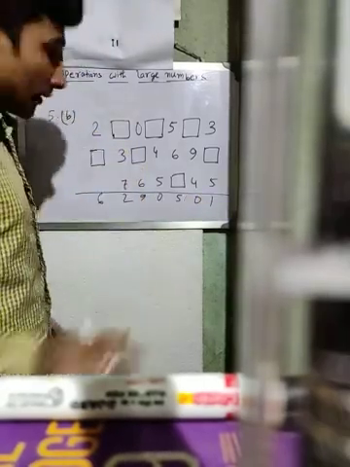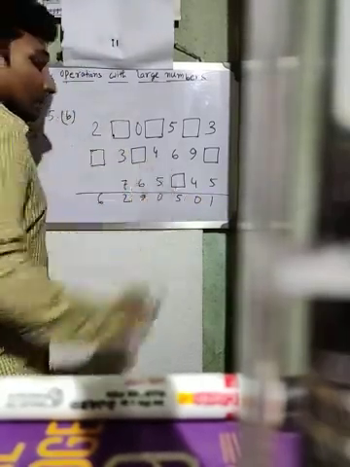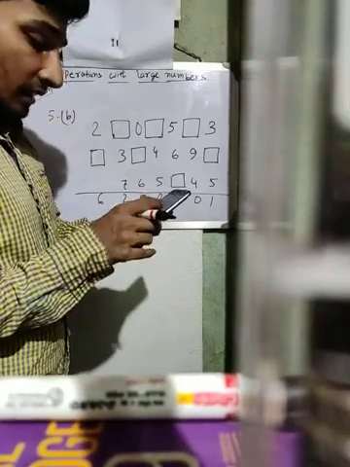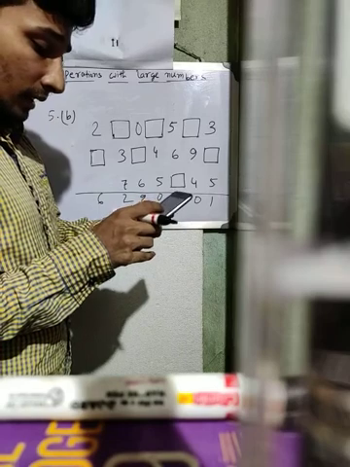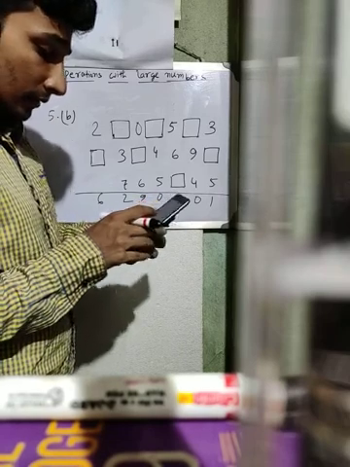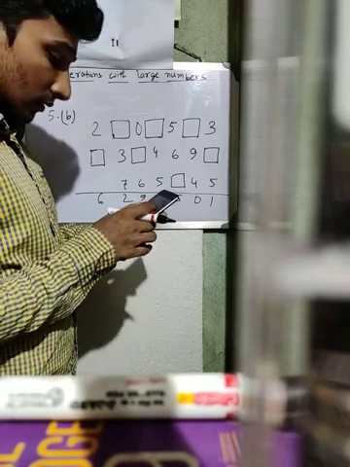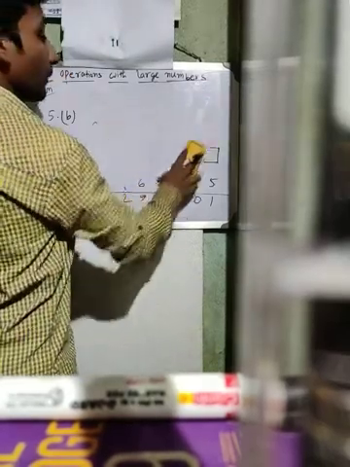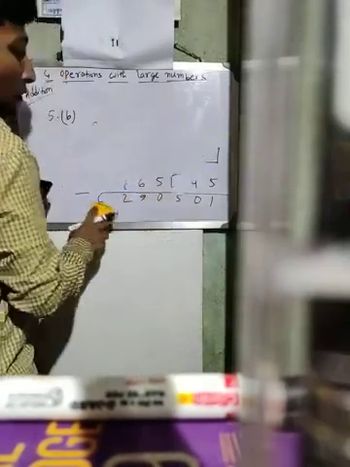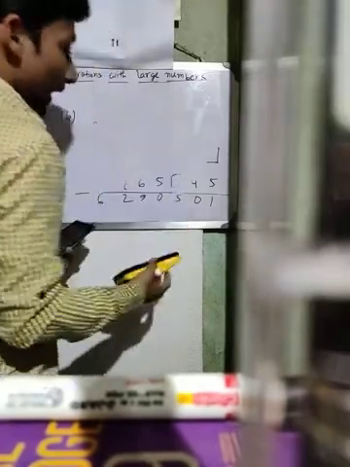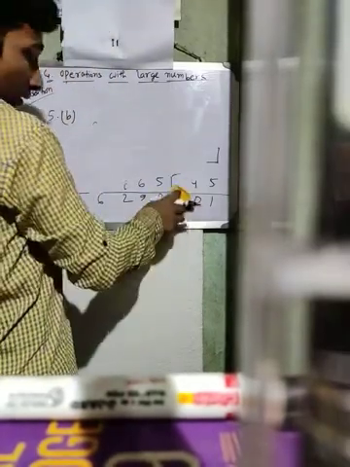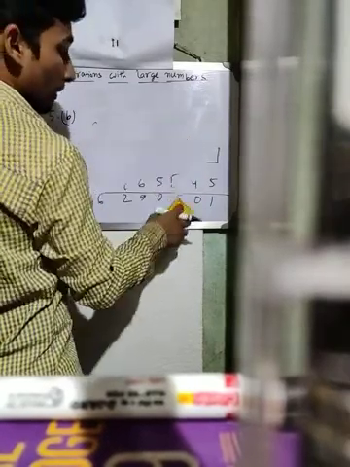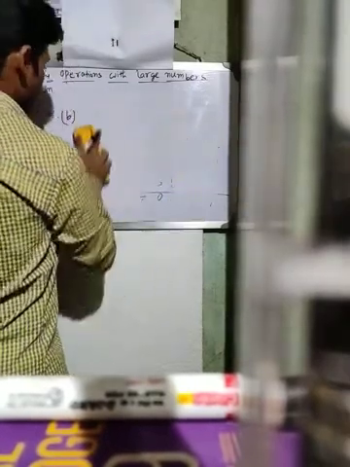So you have to find the missing digits. How can I do this? Here all the digits are given, so I'm taking another example with empty places.